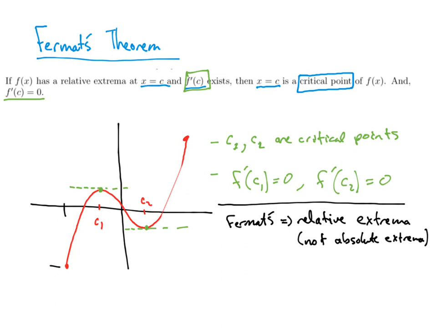This value right here is an absolute minimum value for this function, but we don't call that a critical point. Similarly, the derivative at that point does not equal 0. So Fermat's does not work for absolute extrema, only relative extrema.